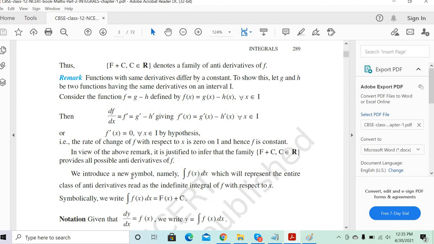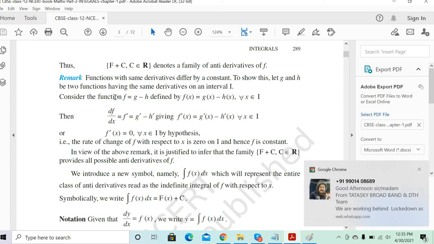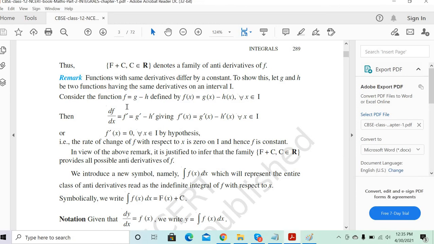Now, how do you do the integration? Same way as the differentiation. So here, suppose the function is f is equal to g minus h, then f of x is equal to g of x minus h of x, if and only if x belongs to some interval.